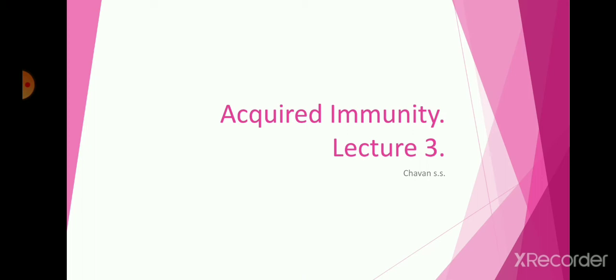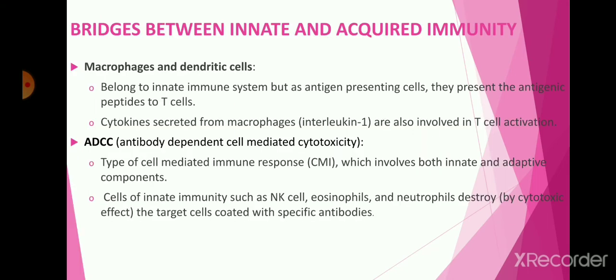So let's start with today's lecture, that is the bridge between innate and adaptive immunity. Basically, macrophages and dendritic cells are the cells which form a bridge for communication between innate and acquired immunity. They belong to innate immunity but act as antigen presenting cells.